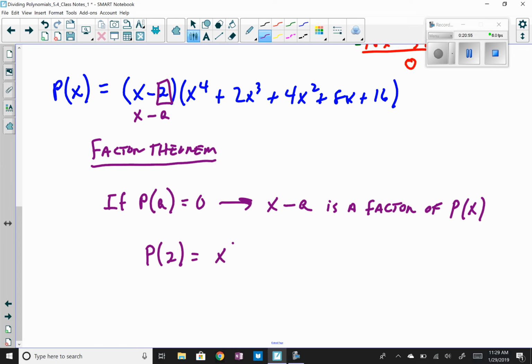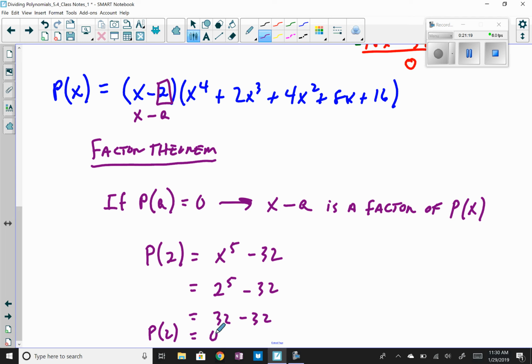We have x to the 5th minus 32, right? So we want to see if P of 2 is equal to 0. So that means we have to put 2 in for x. Okay, 2 to the 5th is 32. So P of 2 is equal to 0.